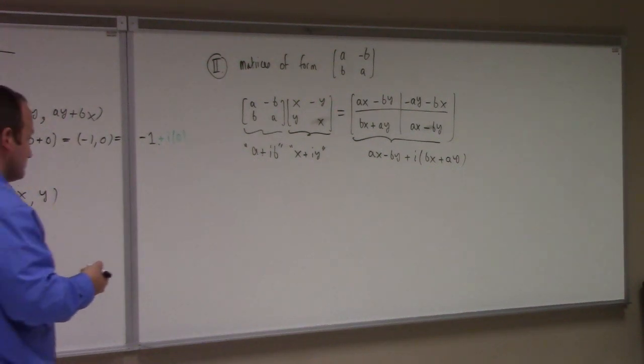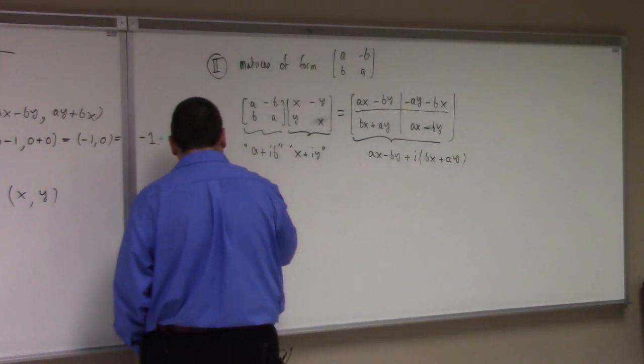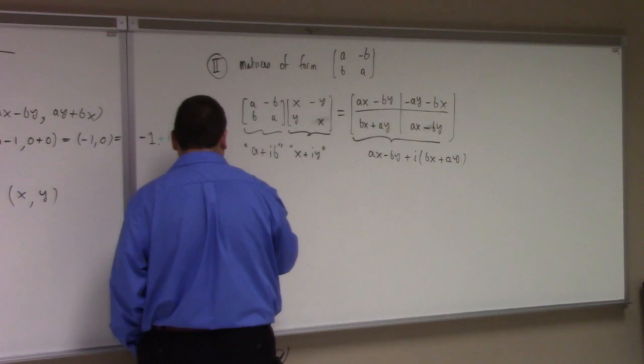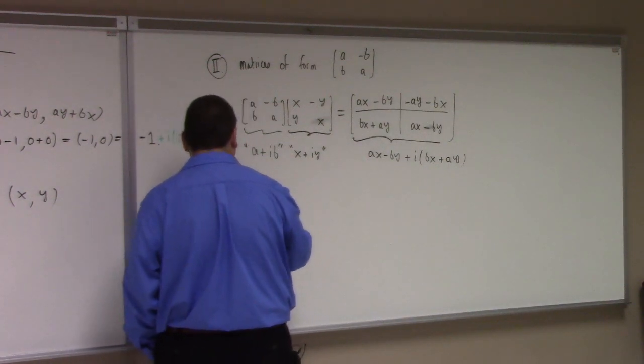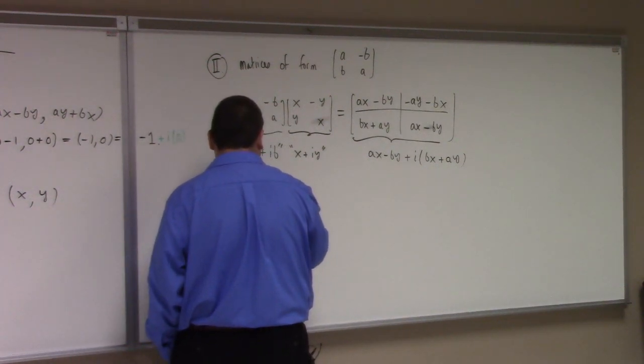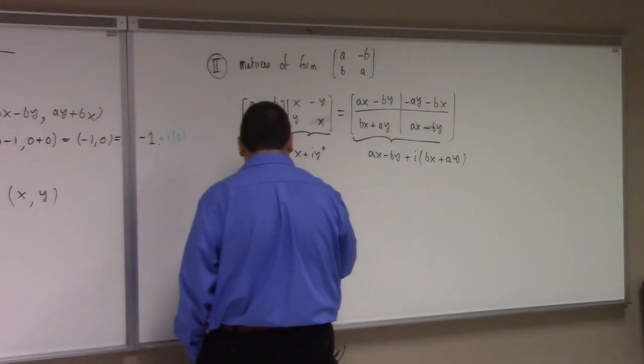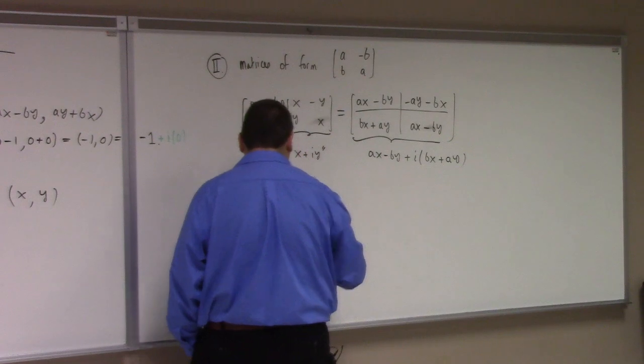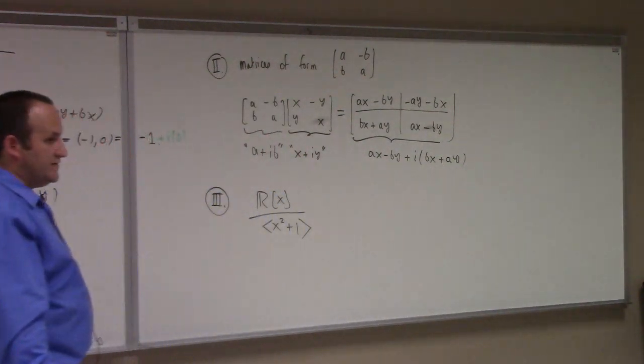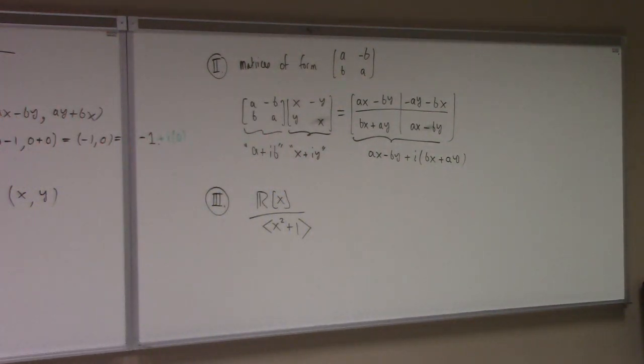And then the third way you could construct complex numbers, which would be a popular viewpoint, is you take real polynomials and you quotient by the principal ideal generated by x squared plus 1. In other words, complex numbers are equivalence classes of polynomials, where the polynomial x squared plus 1 is treated as the 0. You're like, that sounds like gibberish.